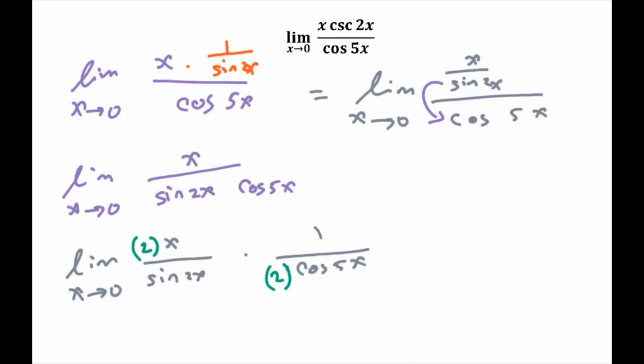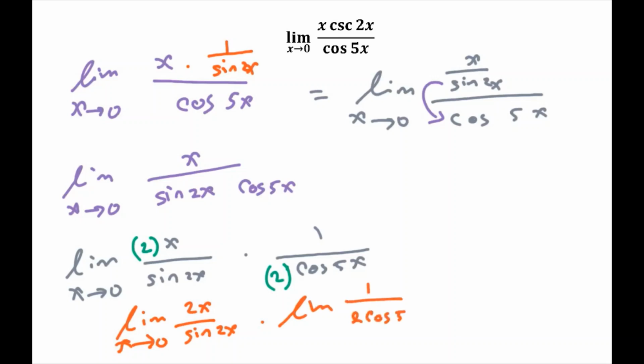And now you can split your limit. Now based on the rule, this is going to be 1, and here you will substitute x by 0, so that's going to be 1 over 2.